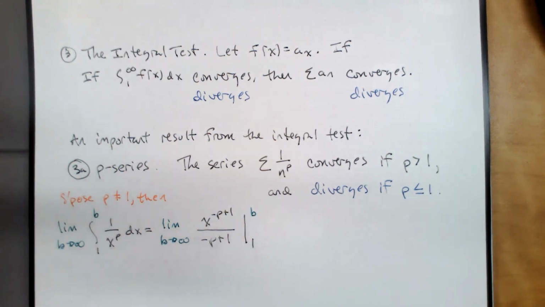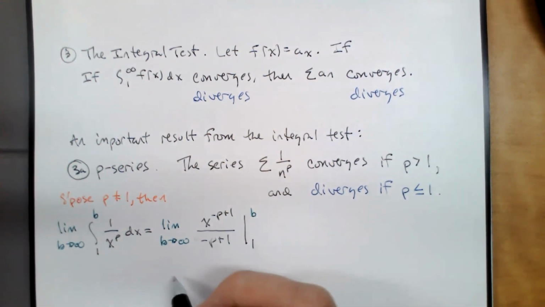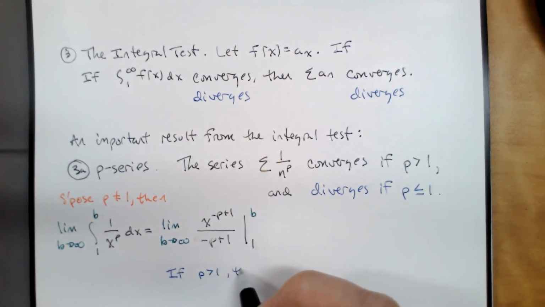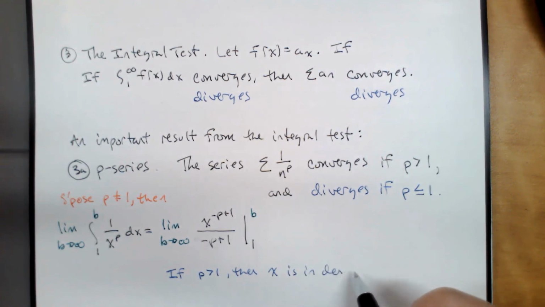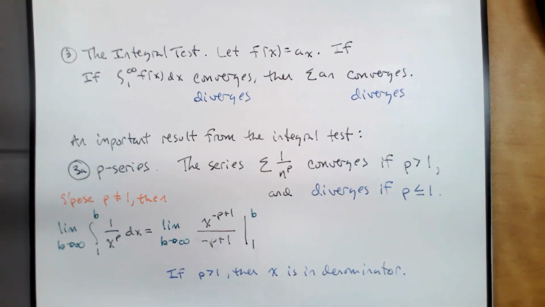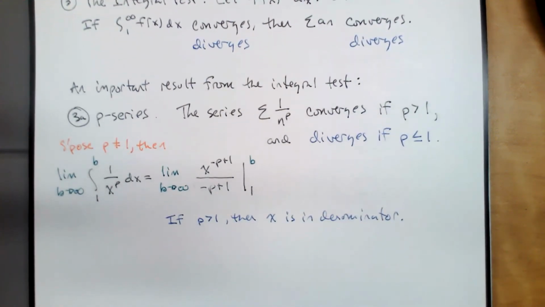So based on this, you would say if p is greater than 1, then the x will end up in the denominator.